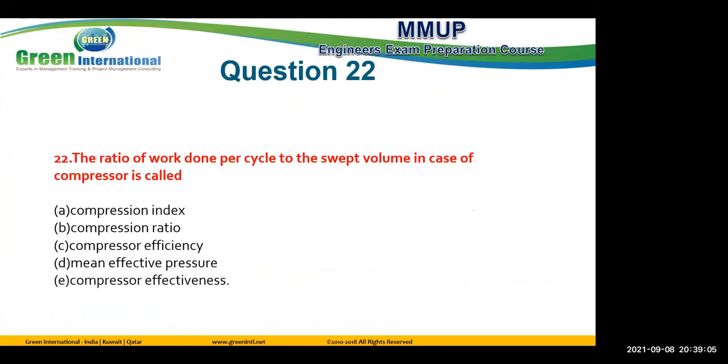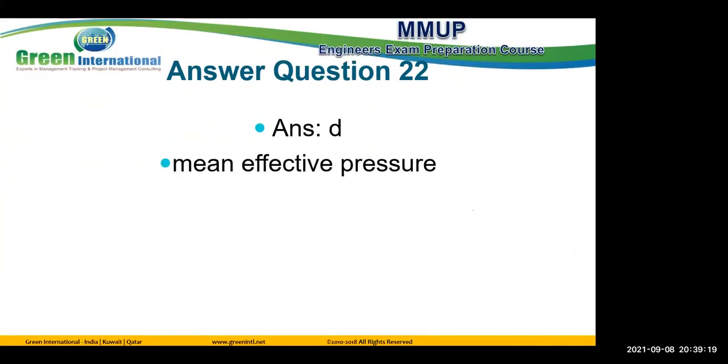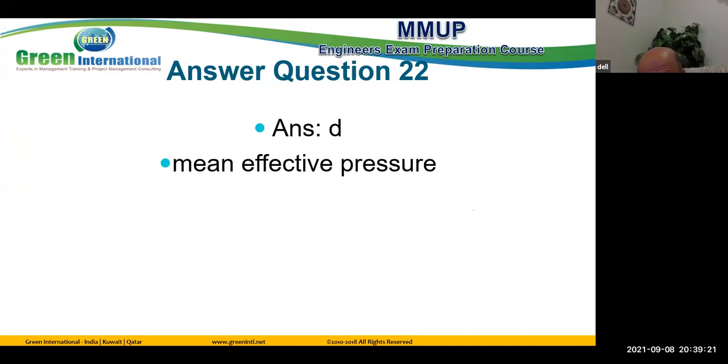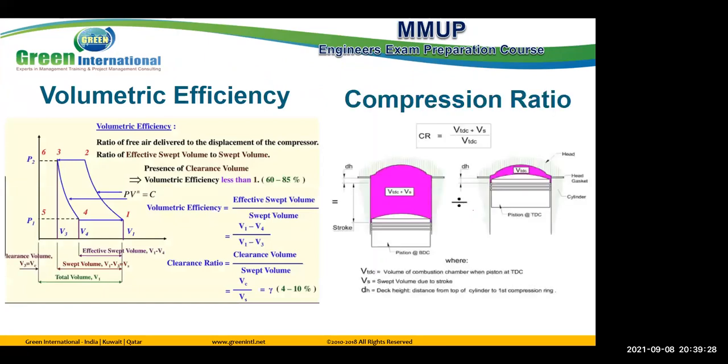Ratio of work done per cycle to the swept volume in case of a compressor is called mean effective pressure. Let's see the meaning of swept volume and effective swept volume. Here, this is a cycle, 1, 2, 3, 4.